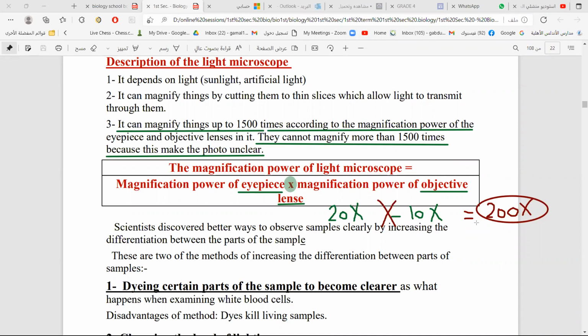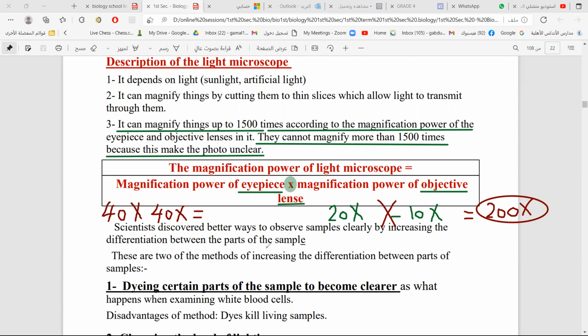But if we have magnification power 40x for the ocular lens, and the objective lens also 40x, does the picture become clear or unclear?